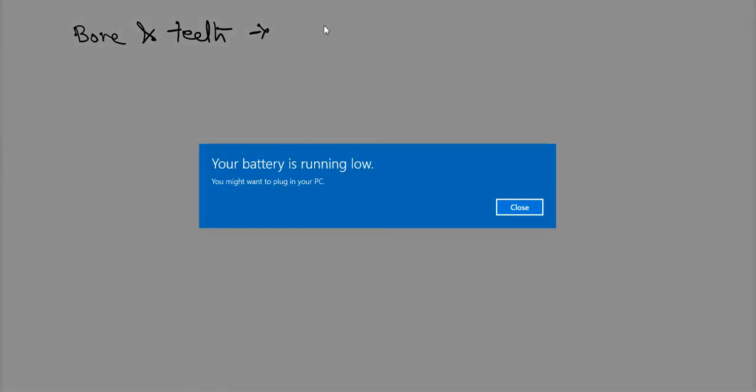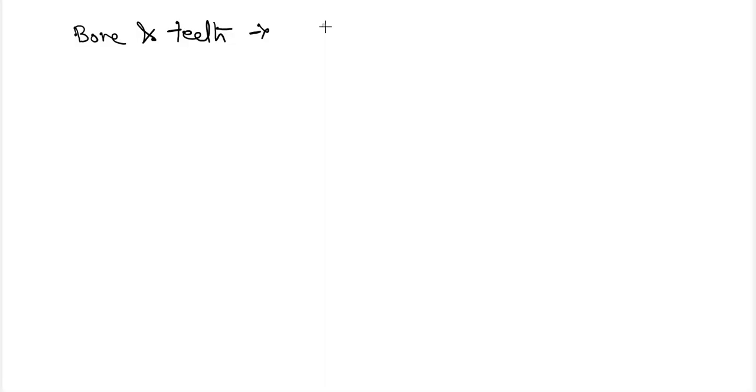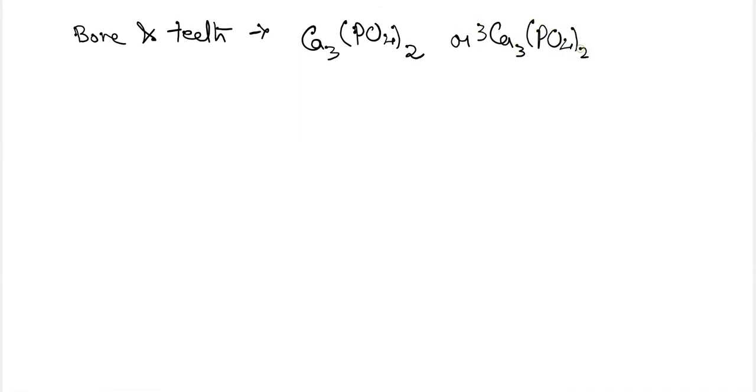It is Ca3(PO4)2, or Ca3(PO4)2·CaF2, which means fluoroapatite is one of the major parts of bones and teeth.